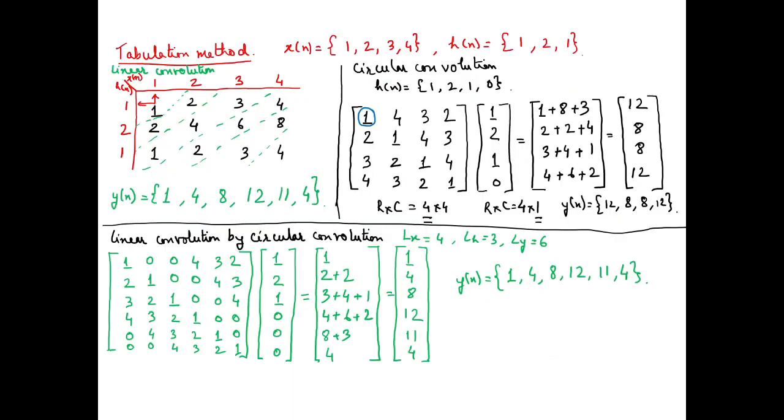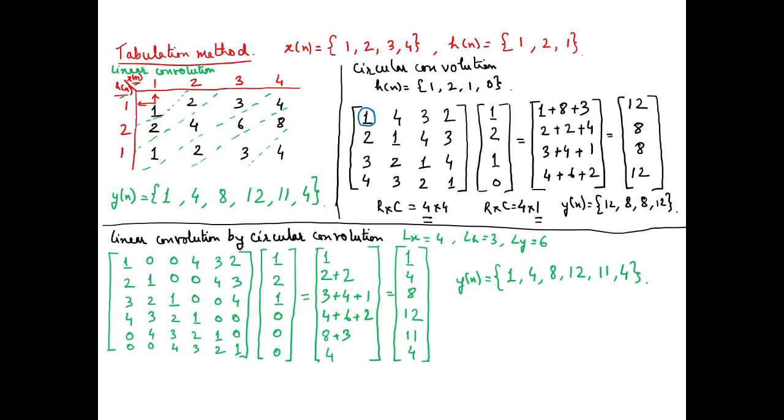Now let's come to the tabulation method. So we have this linear convolution method. See, we are having 1, 2, 3, 4, 1, 2, 1. Okay. So this is x of n, values of x of n has been put, and this is h of n.